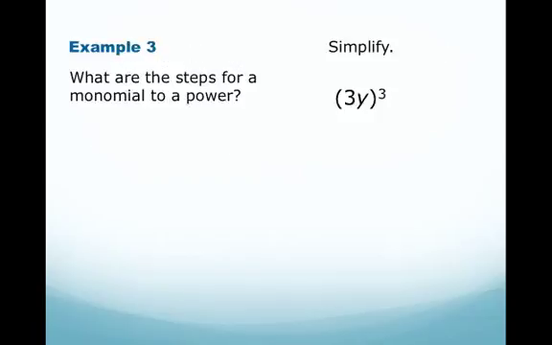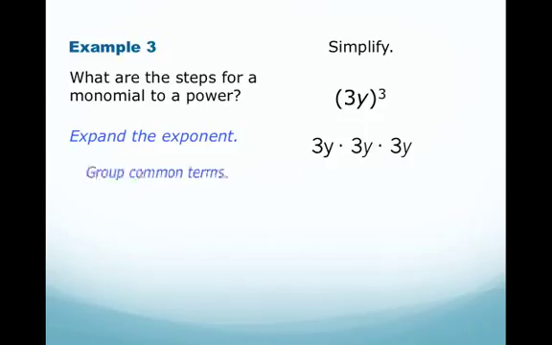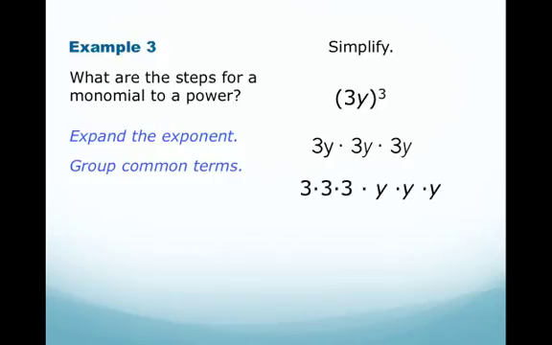Example 3. Simplify 3y raised to the third power. If we write it in expanded form, we get 3y times 3y times 3y. If we group common terms, we end up with 3 times 3 times 3 times y times y times y.